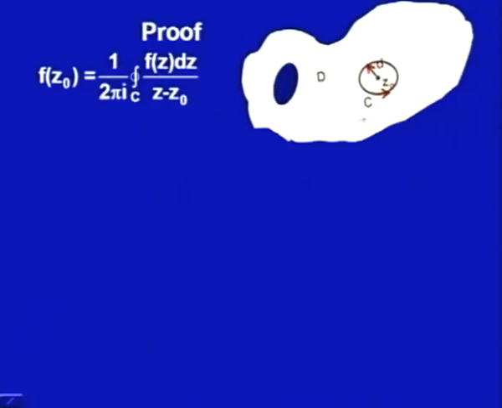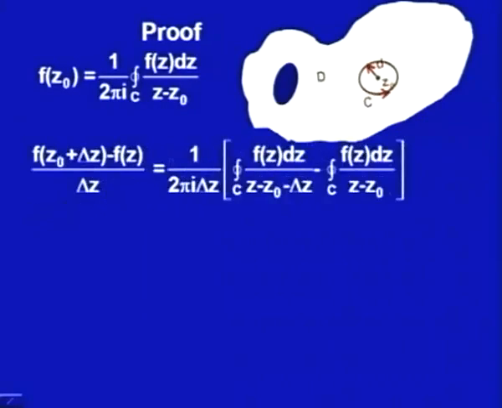What is this contour C? I have drawn it looking like a circle, but it is not actually, it could be any contour C. Now this Cauchy integral formula I would apply to another point, z naught plus delta z.